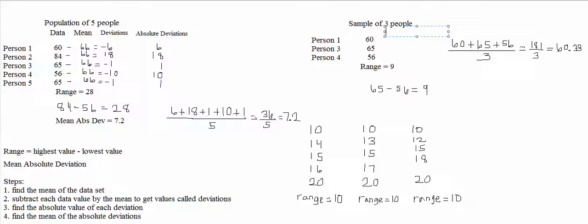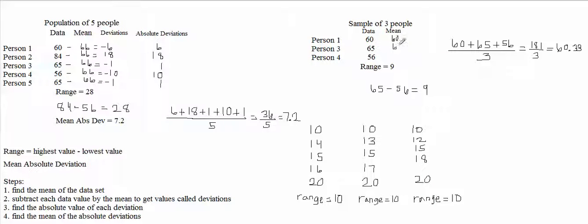Let's round it to the nearest whole number. So we're going to be subtracting each of these by 60, since we rounded the mean to 60.